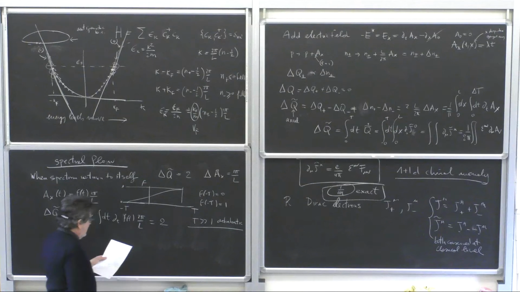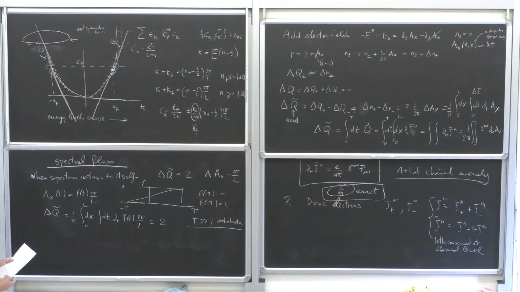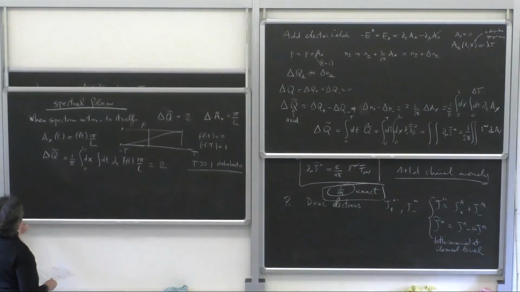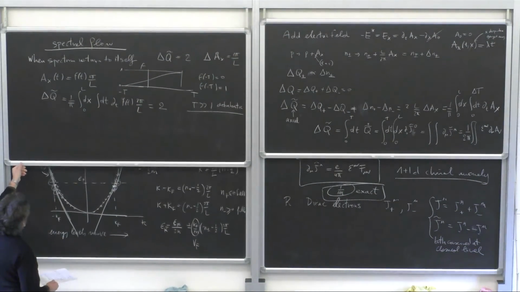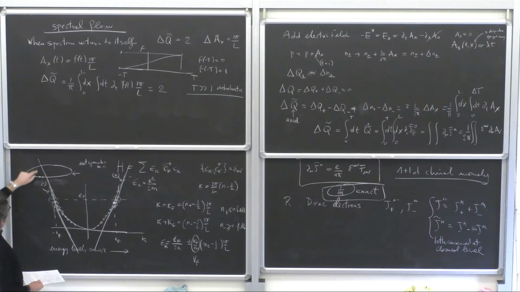Okay, and now how can I realize this? Well, a simple way to realize this is to imagine that you have a one-dimensional system embedded in three dimensions, and you put a magnetic field inside, so-called flux insertion.